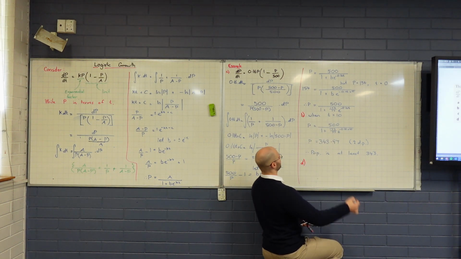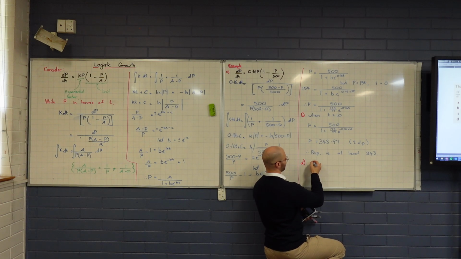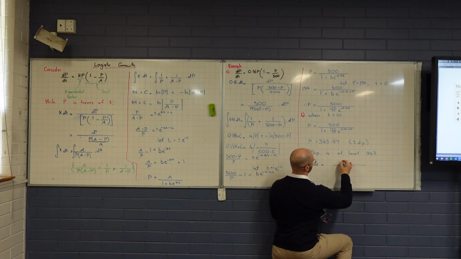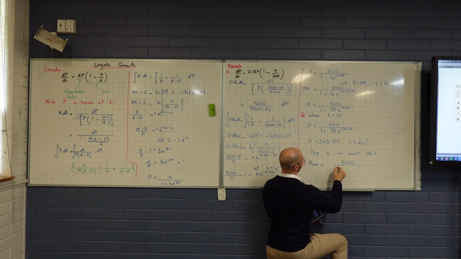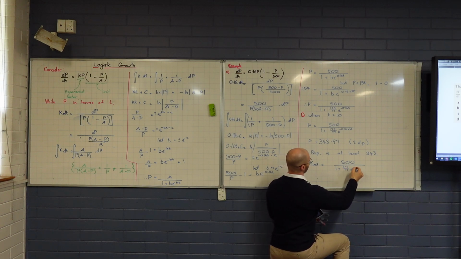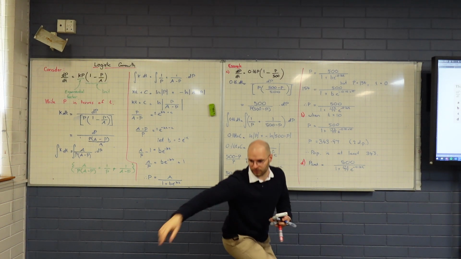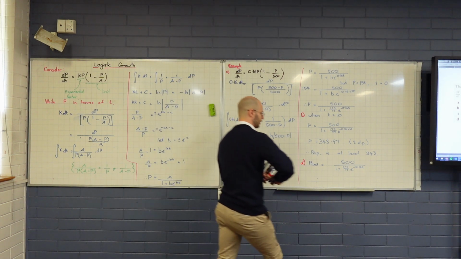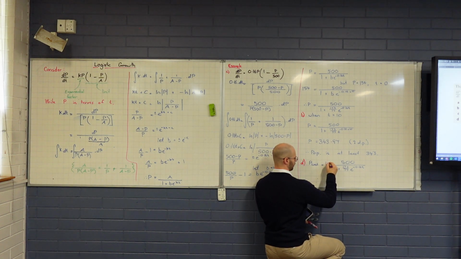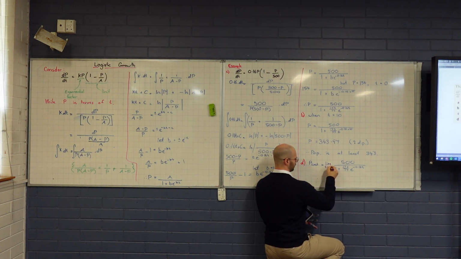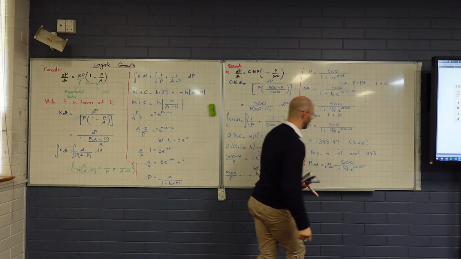So this one, what we're going to say is P, so this is going to be the limiting P, is going to be 500 over 1 plus 173 over 77 e to the negative 0.16t. And then what we're going to do is something really fun. We're going to take the limit as t gets really big.